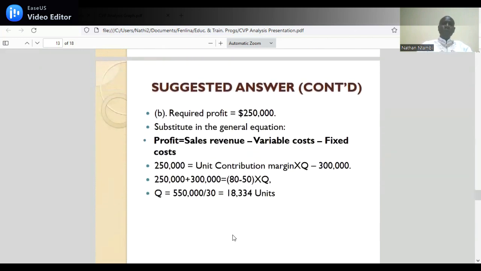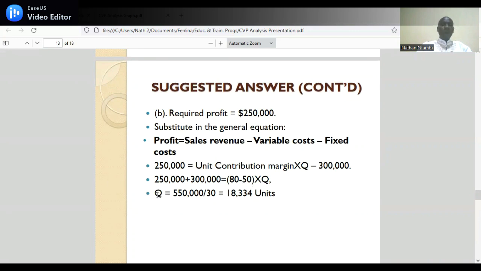Required profit is 250,000. We just need to substitute in the general equation, which says profit equals sales revenue minus variable costs minus fixed costs. We are going to say, therefore, that 250,000 equals unit contribution margin times quantity minus 300,000, which is 250,000 plus 300,000 equals 80 minus 50, which is contribution margin, times quantity.